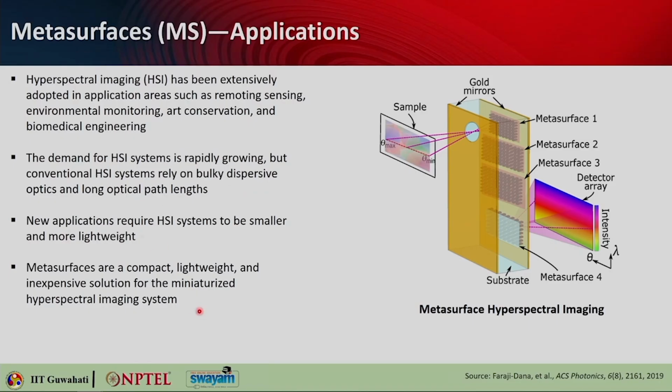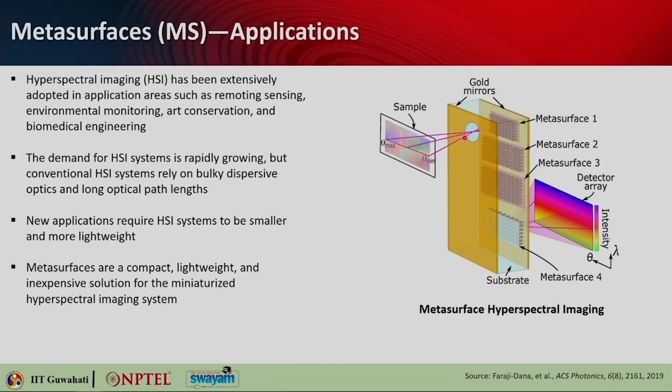Meta surfaces are a compact, lightweight and inexpensive solution for a miniaturized hyperspectral imaging system. The schematic shown here is basically a scheme of a folded meta surface hyperspectral imager. This device, as you can see, has 3 reflective meta surfaces and 1 transmissive meta surface to perform the optical function.